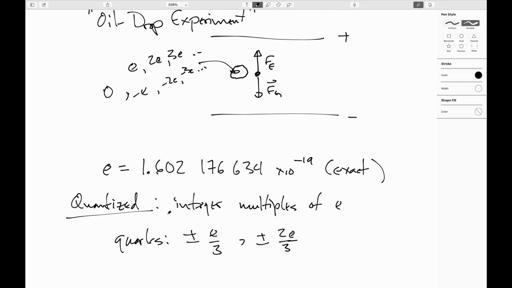I'm sorry, 10 to the negative 19 coulombs. I missed the C there, my apologies. And the unit coulomb is a C. Why is this an exact number? This is because back in 2019, the definition of how SI units work was revised.